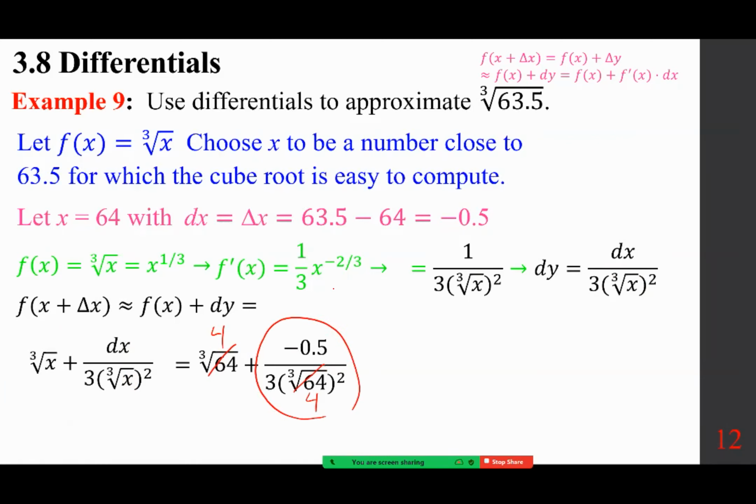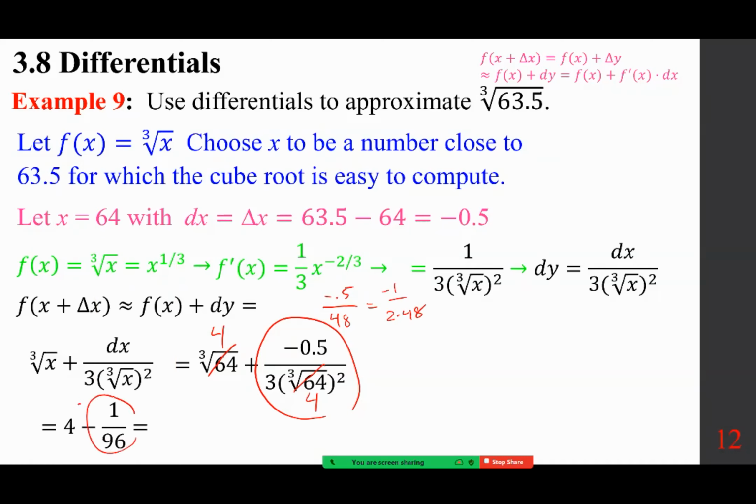So what you're looking at is negative 0.5 divided by, and you square the 4, 16 times 3 is 48. And I hope you see that minus 0.5 is like minus 1/2. So it becomes minus 1/2 times 48. And that's how we get negative 1/96.